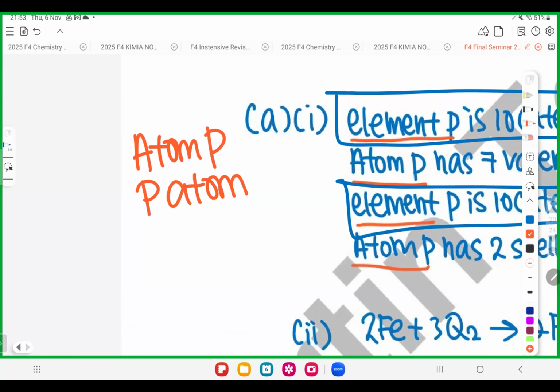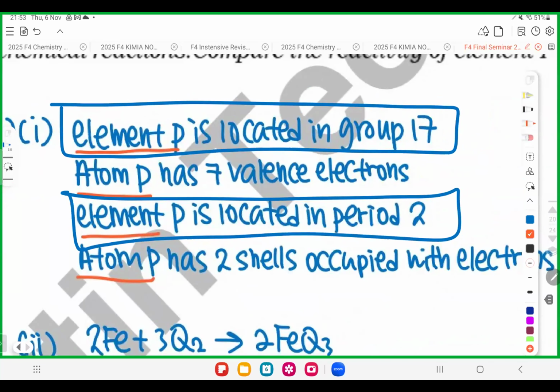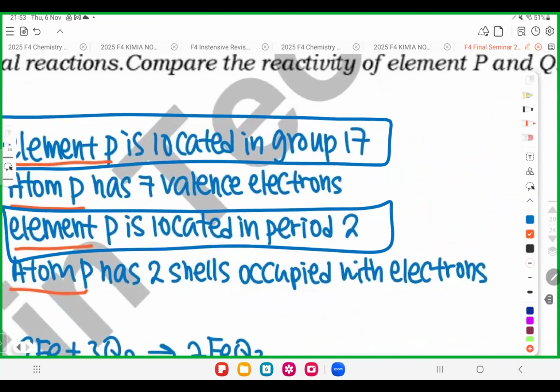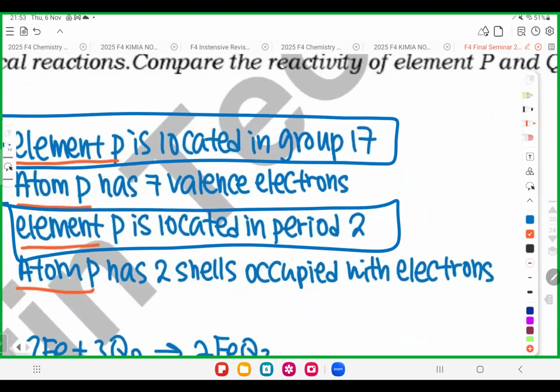So when you start to explain why element P is in group 17, because it has 7 valence electrons. Why element P is in period 2? Atom P has 2 shells occupied with electrons. So when you explain something, the word atom needs to be there. You get the idea? So when you give explanation, atom needs to be there.